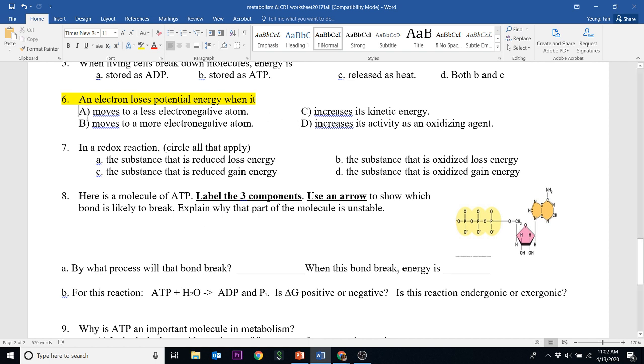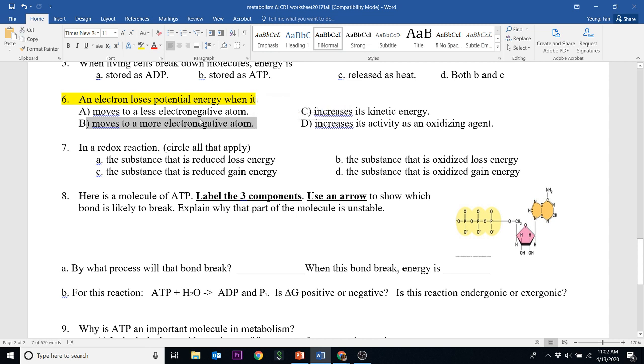It's not going to be C or D, either A or B. Which one is it? So Aneri says that an electron will lose potential energy when it, yep, B is correct, when you move to a more electronegative element.